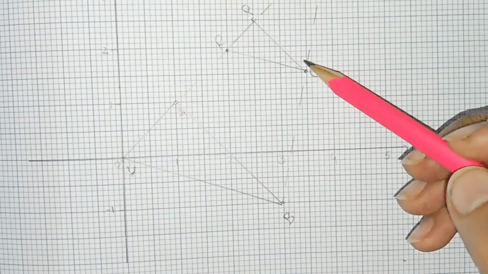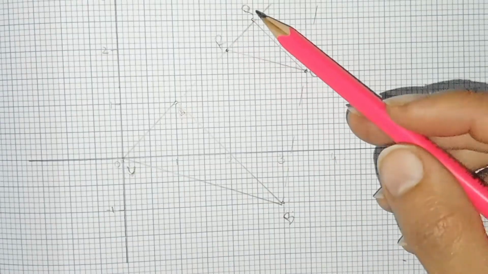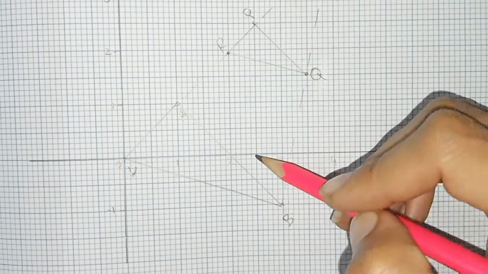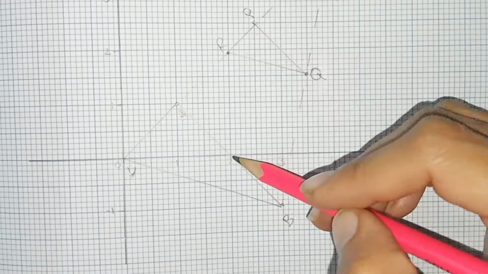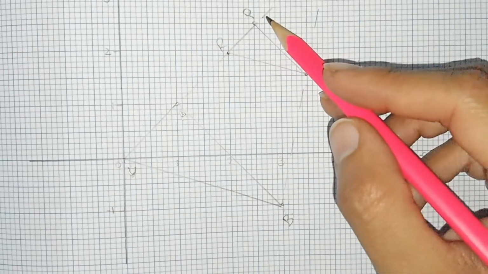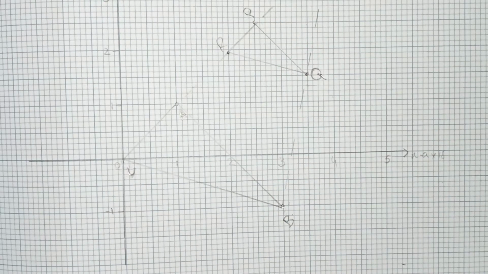And now we have to write the coordinates of P, Q, and R. The coordinate of P is 2.5 along the x-axis, and along the y-axis it is also 2.5.